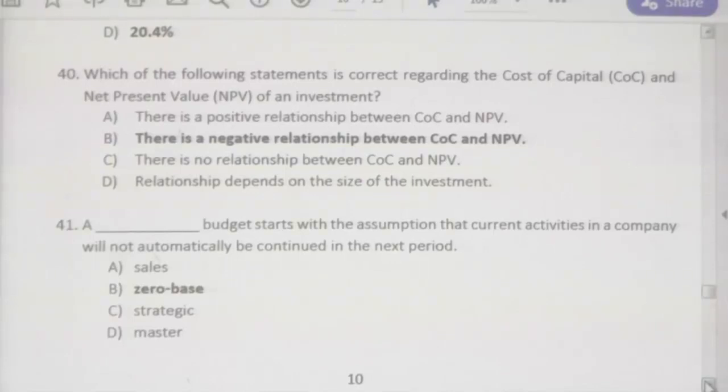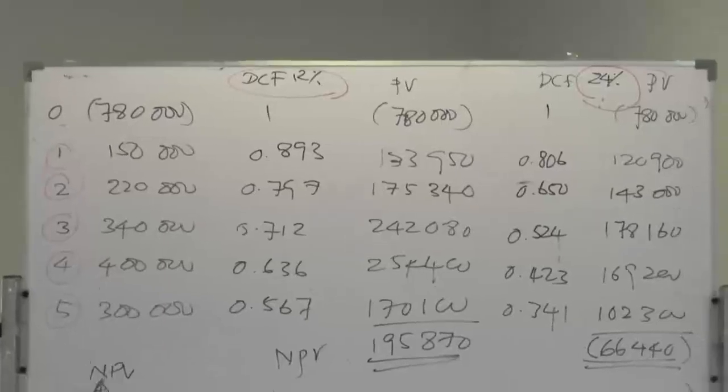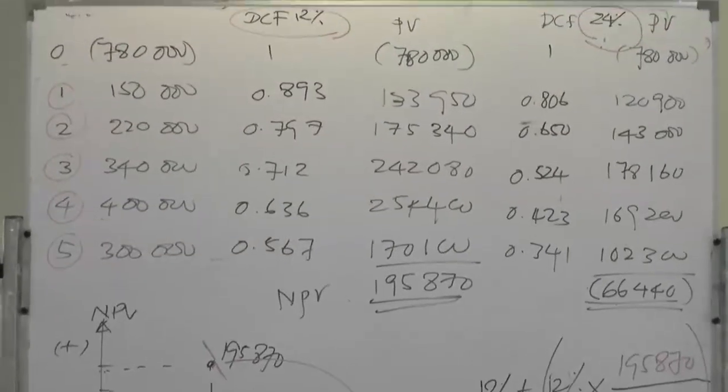Now, question 40. Which of the following statements is correct regarding the cost of capital and net present value of the investment? Answer A: there is a positive relationship between cost of capital and NPV. No. I will go to the whiteboard again. See the calculation we made for the previous question.